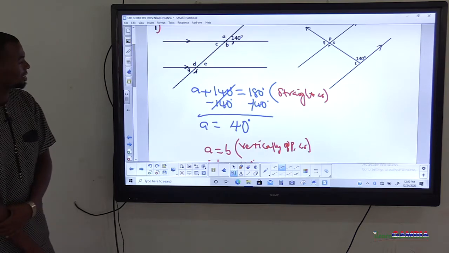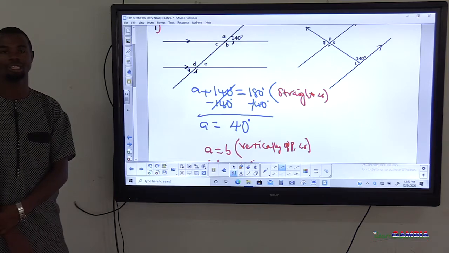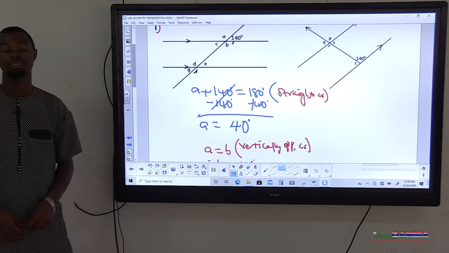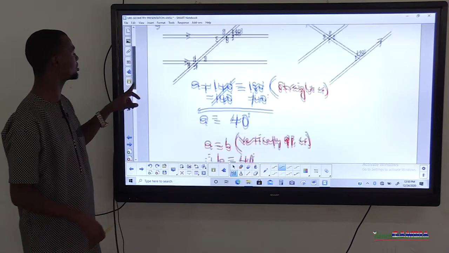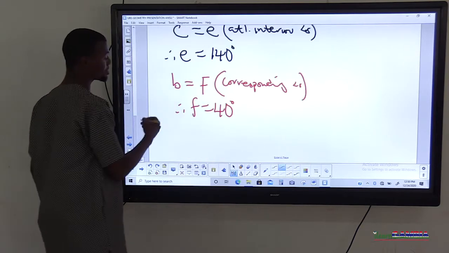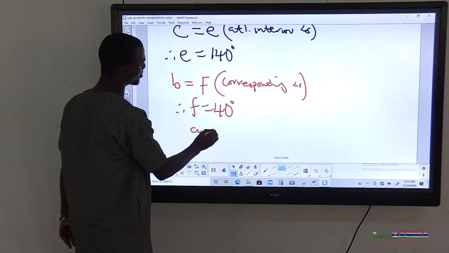Letter G, you can solve it with letter C to have corresponding angles. You can also solve it with letter A to have same side exterior angles. So let's use that. A plus G. Same side exterior angles, remember, are supplementary.